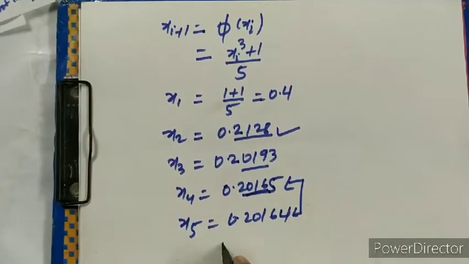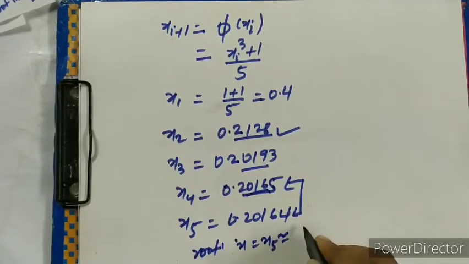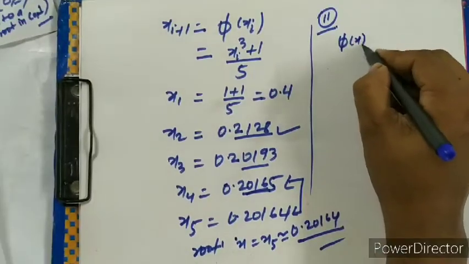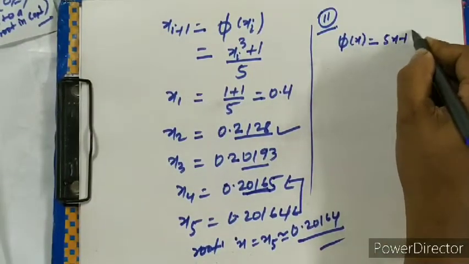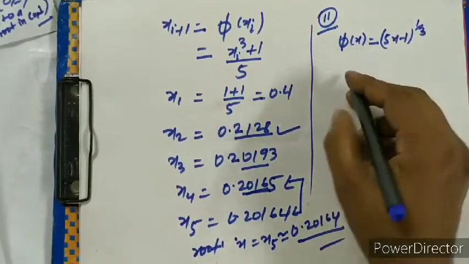So we stop here, and the root x is equal to x5, which is approximately equal to 0.20164.